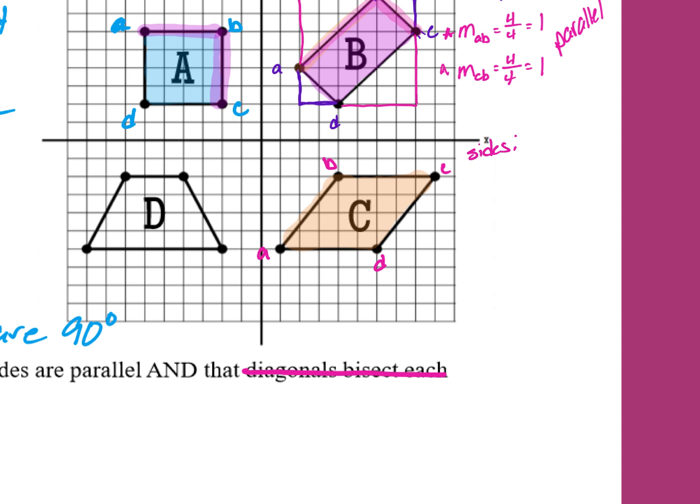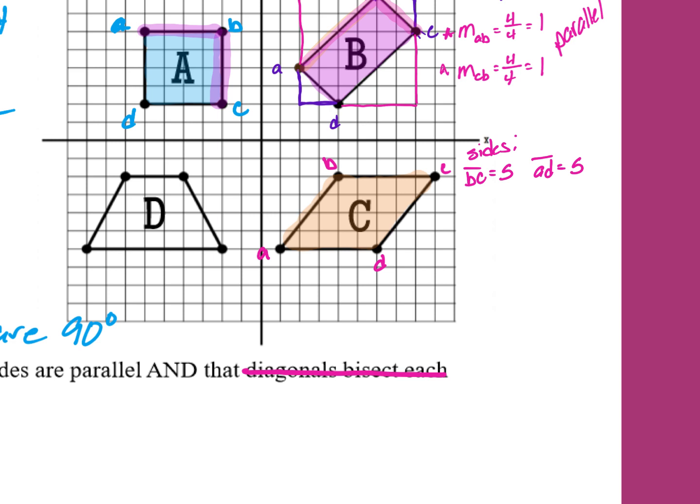Let's do BC. How long is BC? 1, 2, 3, 4, 5. Beautiful. And how long is AD? 5. Why were those easy? Because they're horizontal, so I could just count.